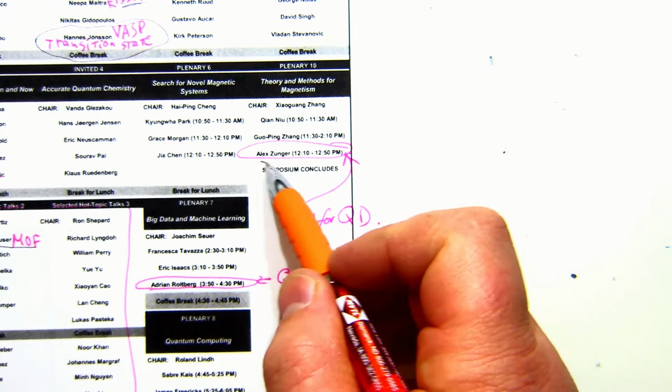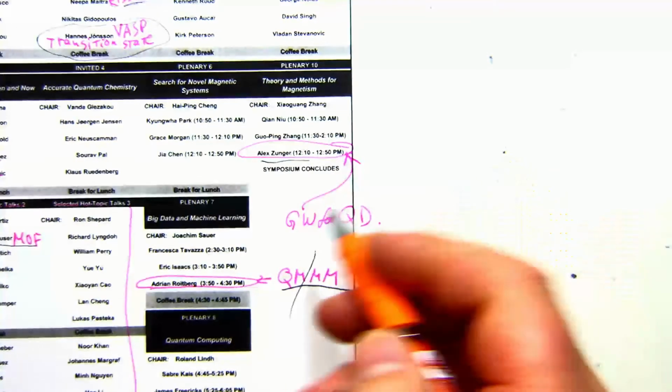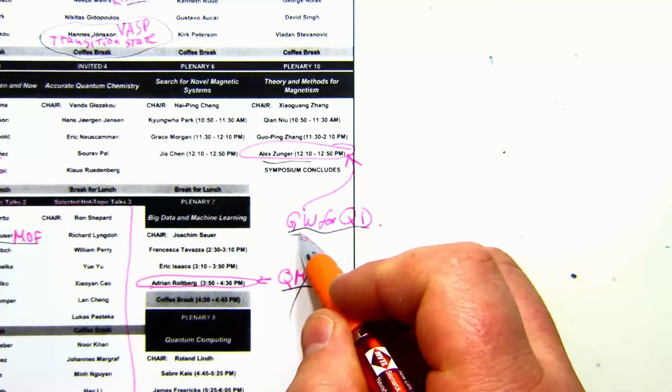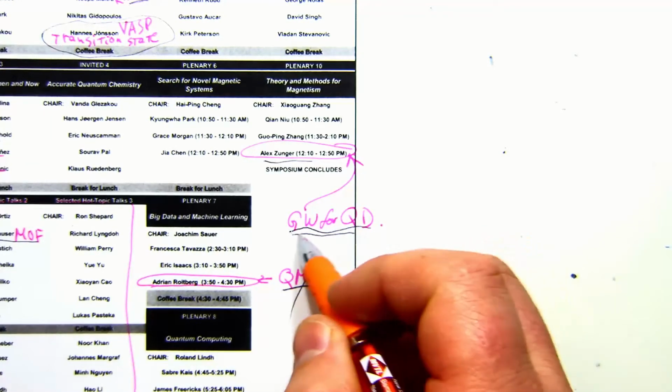And Alex Zunger is famous for multi-reference, it's not just double, some advanced methods for nano systems. Okay, just sharing the ideas. Maybe you develop your own schedule to attend or not attend.